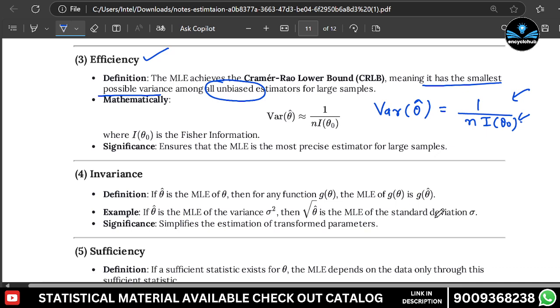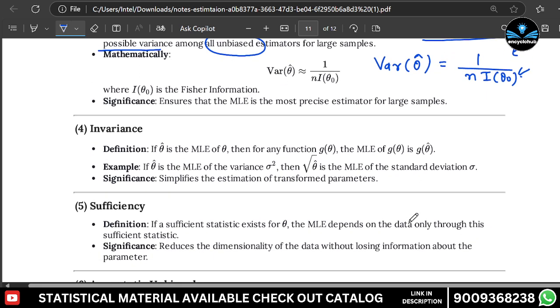The fourth property is invariance. If theta cap is the MLE of theta, then for any function g of theta, the MLE of g theta is g of theta cap.